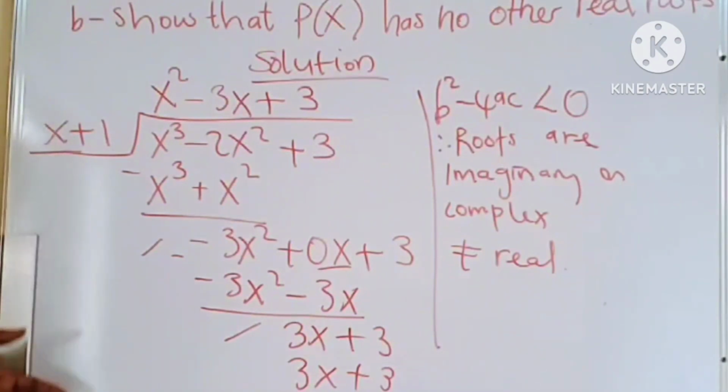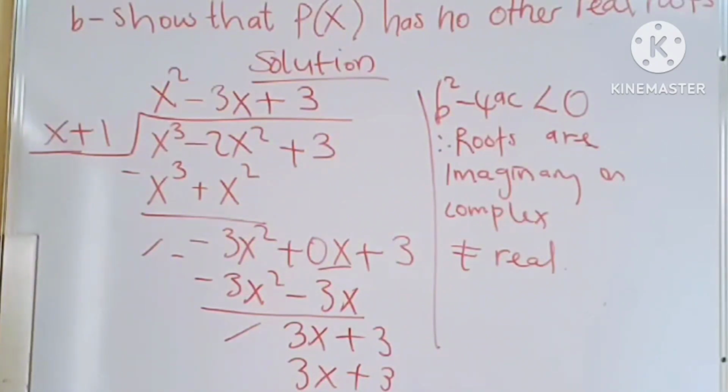We divide, we get our solution set of the polynomial. The real root here is x plus 1, as we saw earlier. We go ahead to check if x squared minus 3x plus 3 will give us real root. And we'll check that by using the determinant b squared minus 4ac. If b squared minus 4ac is equal to 0, the roots are equal.